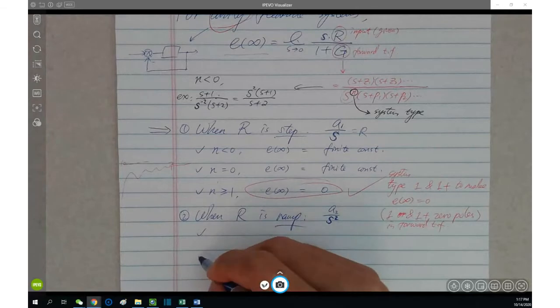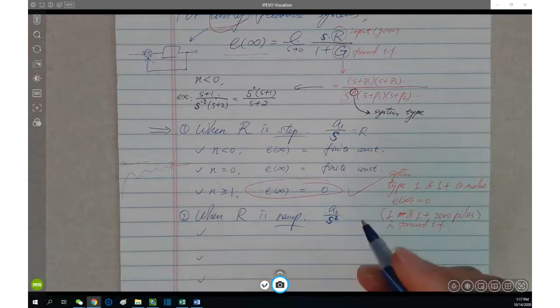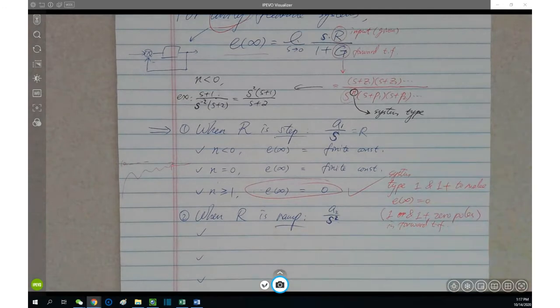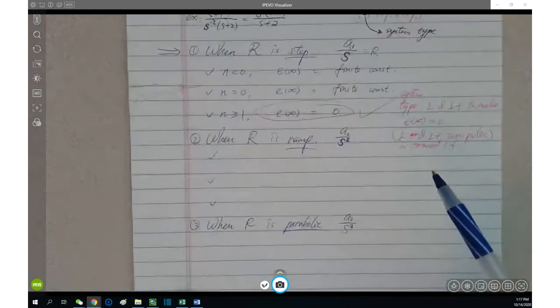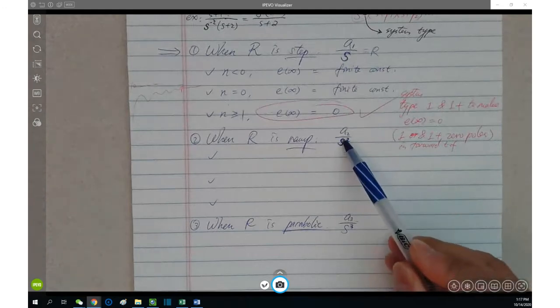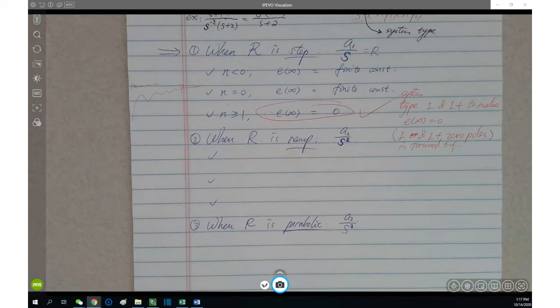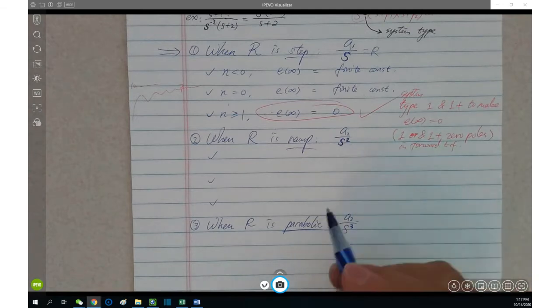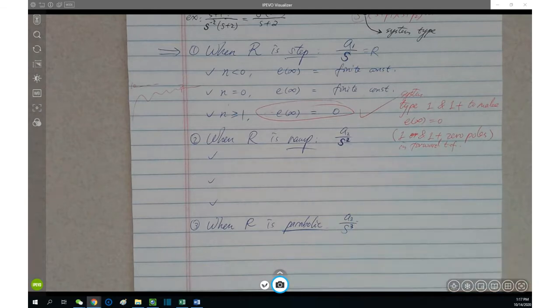Next, for ramp input. Well, what does it mean by ramp? In the frequency S domain, what you see in the denominator here is S squared. This is a ramp input, and the numerator might be any constant, just a coefficient or gain. It doesn't matter.